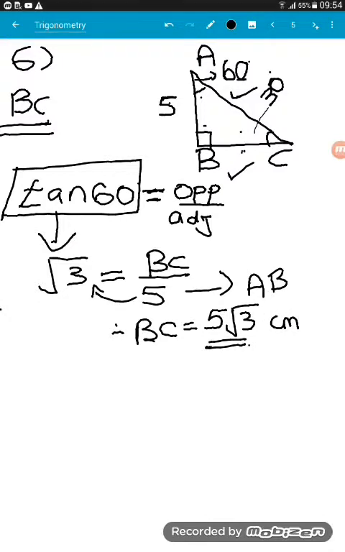And now we will solve the second part of this. The second part says that we have to find AC. I think that is the hypotenuse we have to find. Yeah, hypotenuse you have to find. Now we got this as 5 root 3. For finding the hypotenuse, we have two sides known, so you can use the Pythagoras theorem.